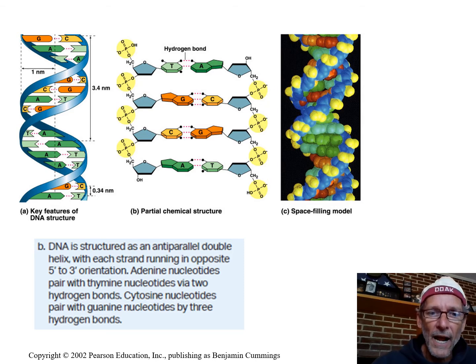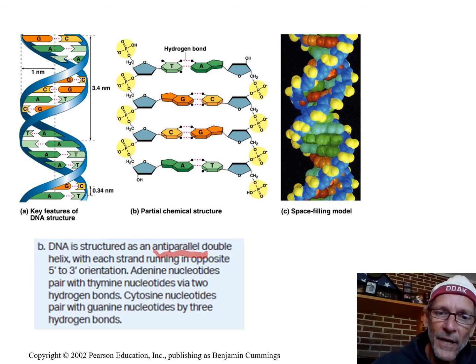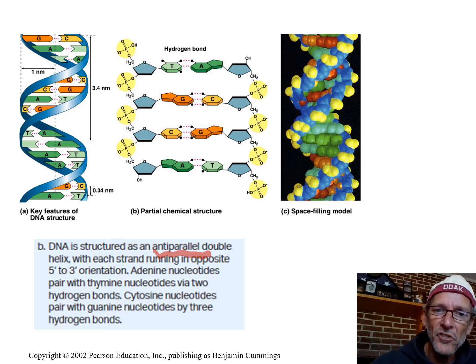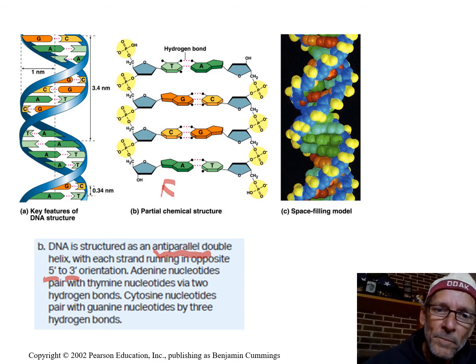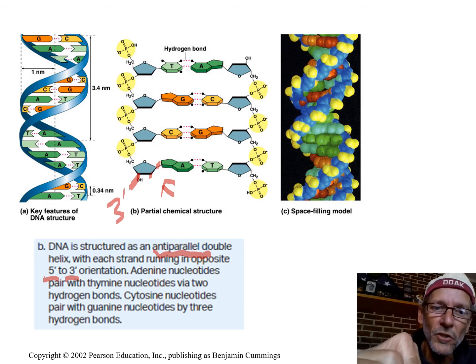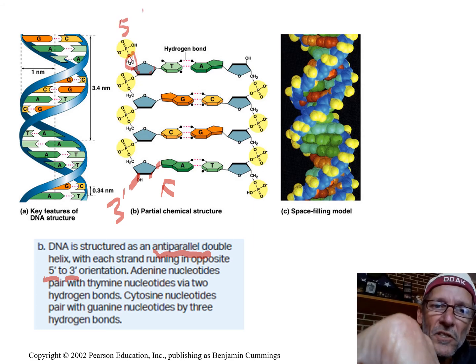So here we have the anti-parallel aspect of its structure, right? And so you can see most clearly in this diagram, and they then describe that with the 5' to 3'. Remember what that means for the sugar molecules, right? This is the number 1 carbon, this is the number 2, this is the number 3 carbon. Since it's sticking out the most at this end, that's why this is called the 3' end. This 1, 2, 3, 4, 5, this is the number 5 carbon, that's why this is the 5' end.